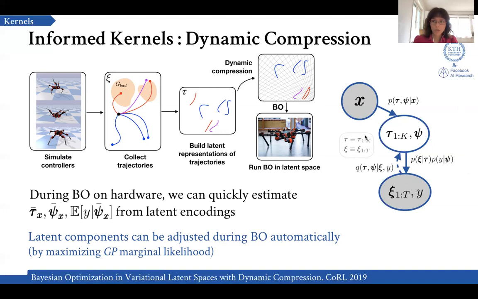So this is how we achieve the modularity, and we are even able to handle situations where the simulation does not reflect very closely the reality. And so we will need to adjust how the embedded representations correspond to the controllers that are actually showing us the behavior on hardware.